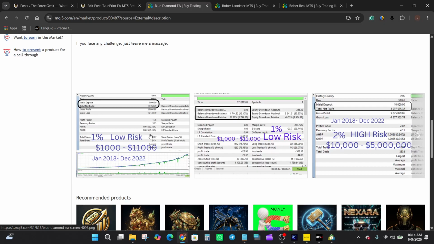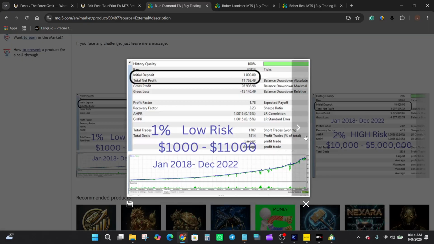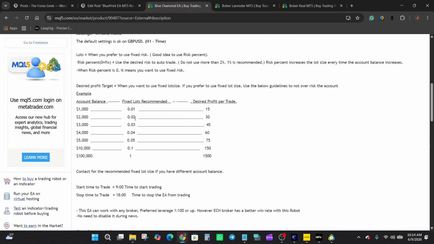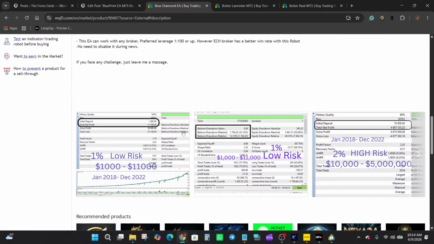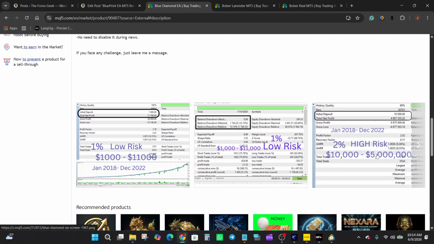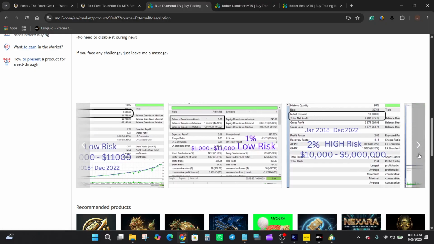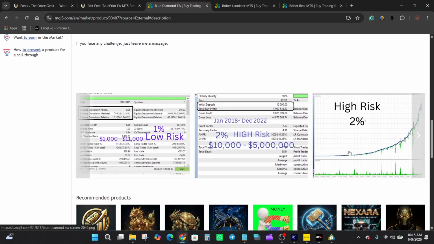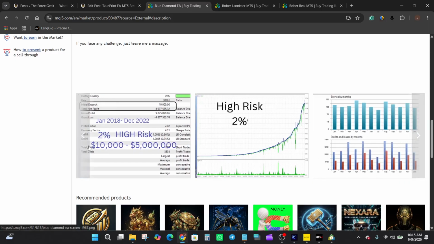According to the developer, one test started with a $1,000 balance using 1% risk and showed growth over the testing period. Another example uses 2% risk and is specifically described as a high risk configuration with the potential for significantly higher drawdown.